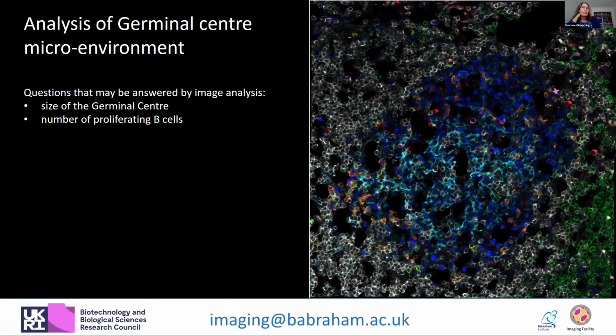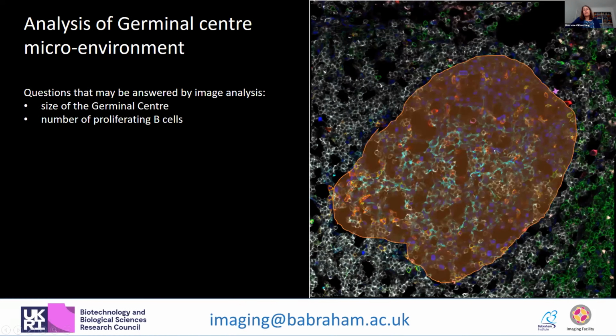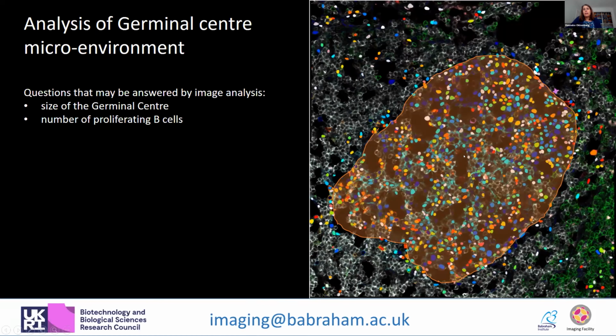So questions that you then may start answering would be how big are the germinal centers, and how many proliferating B cells are inside. So it would look a bit like this, and it would look a bit like this.